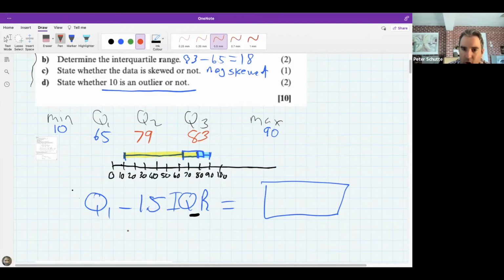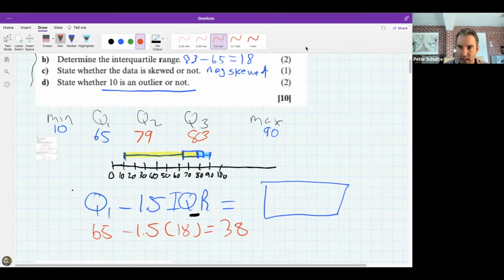Okay, so IQR was 18 and Q1 was 65. So 65 minus 1.5 times 18. And that value is 38, which means the lower bound, the dividing line for outliers that are small, is 38.